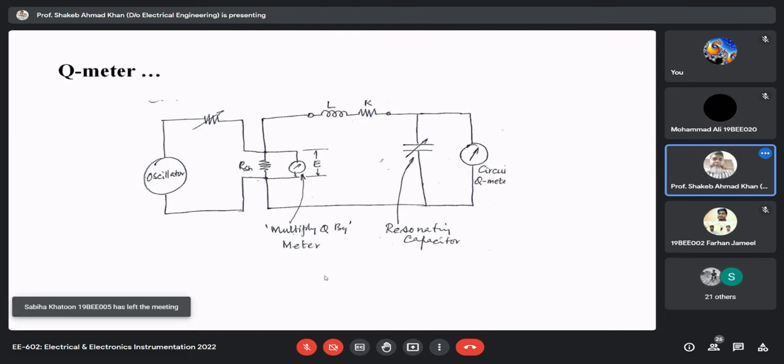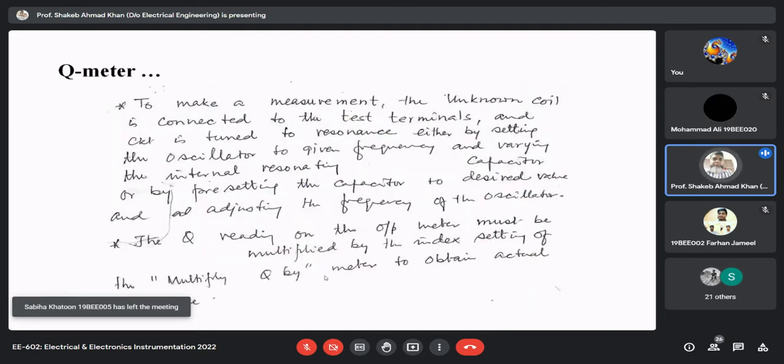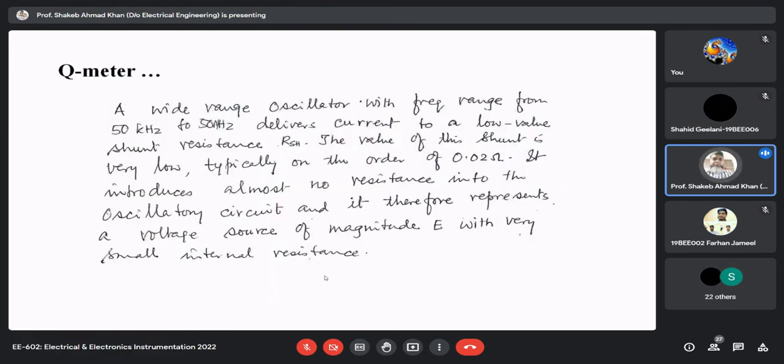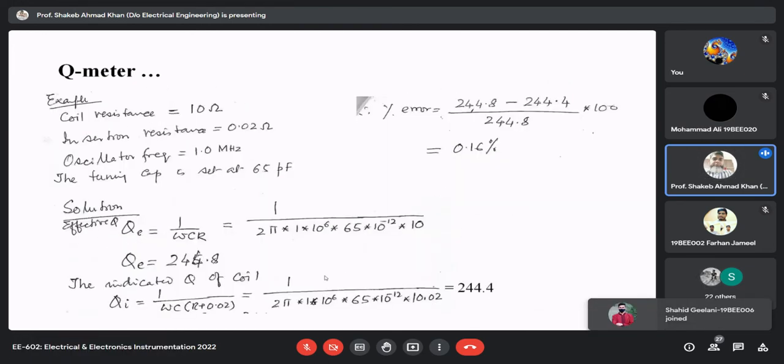Okay. Now I'll try to show you how important this internal resistance value is. Here I took one example. Suppose the coil resistance, of whatever coil whose Q factor we are interested in finding out, is 10 ohm, and the insertion resistance, that is your shunt resistance, is 0.02 ohm, the oscillator frequency is 1 megahertz, and the tuning capacitance is set at 65 picofarad.